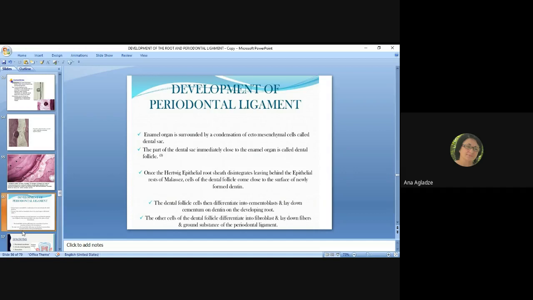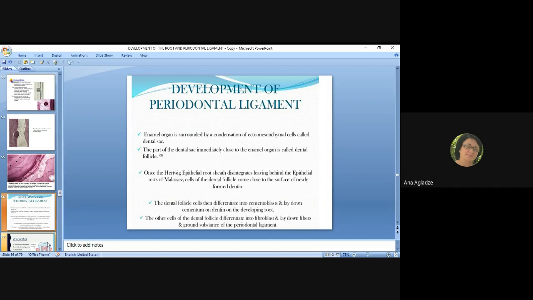And we already discussed cementogenesis and cementum. Let's now discuss the periodontal ligament, which is very important in supporting the tooth in its socket. You know that the alveolar process, bone, cementum, and structures of the periodontal ligament, all these structures develop from the cells of the dental follicle proper.